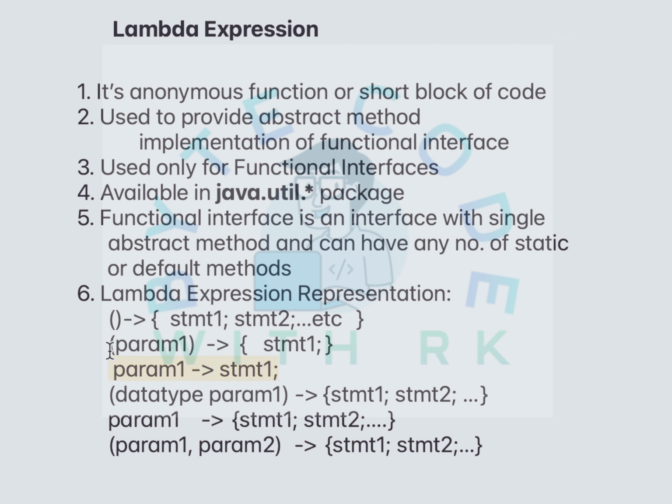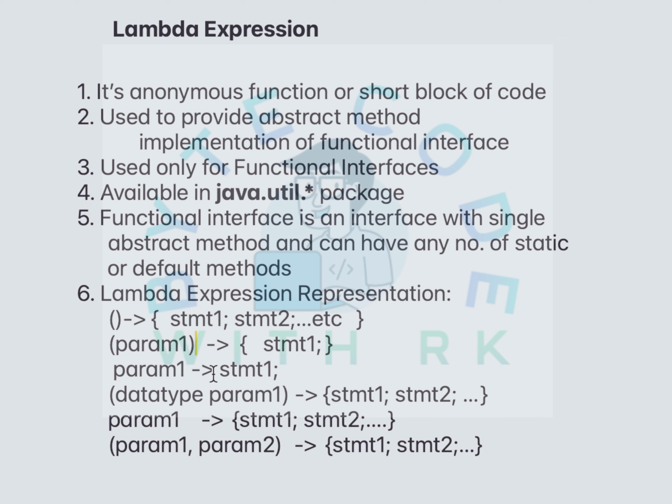The third one is also a single parameter, and it is similar to the first point. Either you can write it this way, with the single parameter within parentheses followed by the arrow mark and then curly braces, with some statements within the curly braces, or you can write it like this also. If it is a single parameter, you can ignore the left and right parentheses.